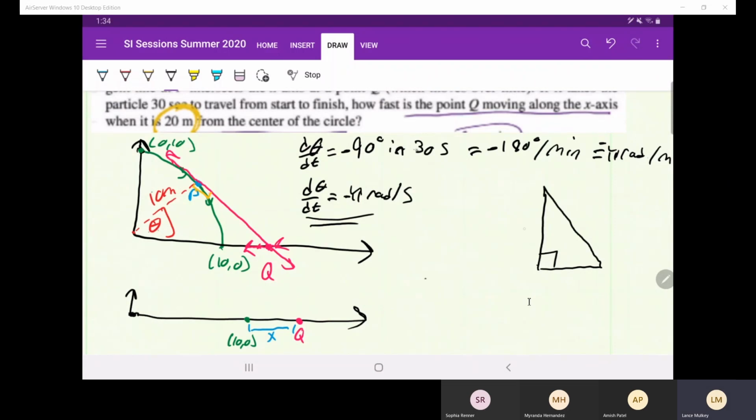It's 10 meters, x, and this is technically 10 plus x, but you don't need to know that. Actually, no, sorry. It's hard to work with this, twisting that around.